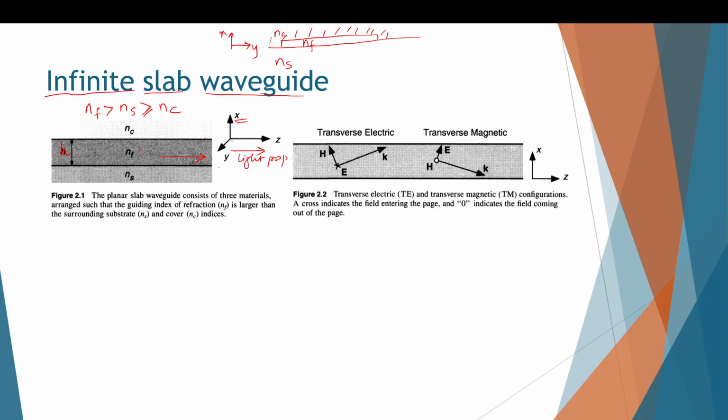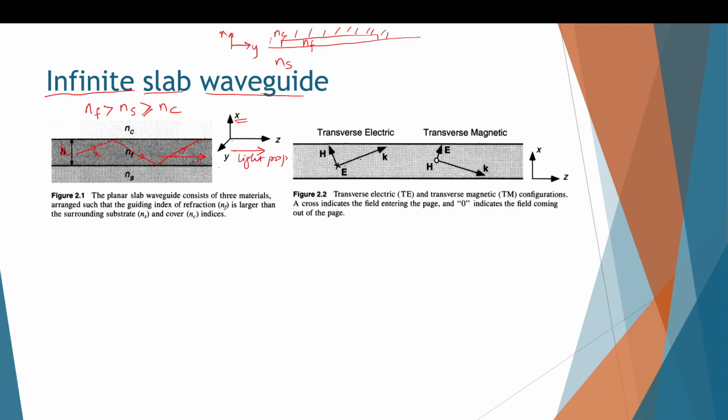Obviously, if this is my k vector, it will keep hitting the boundaries, and it will be traveling like this. So it is not necessary that the k vector will be directly pointing in the z direction. It can have some x component. The idea is that it will hit the boundaries, and then there will be total internal reflection, and it will be bouncing back and forth.